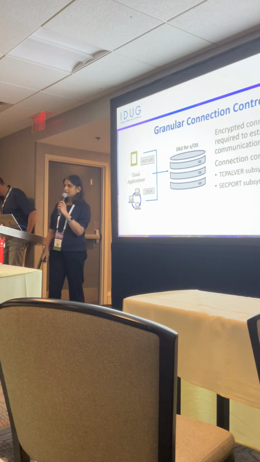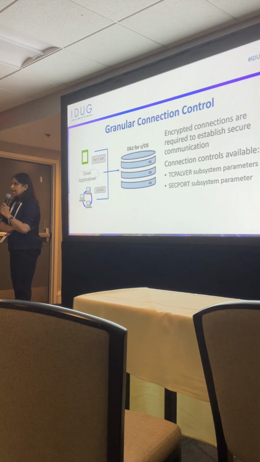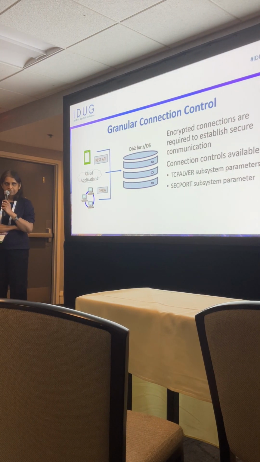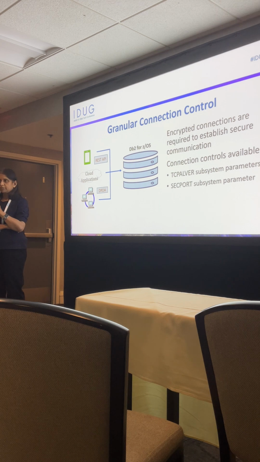Okay, now moving on to granular connection control. Today, applications come into Db2 from many different environments, right? APIs, REST APIs, and cloud environments. So it becomes essential that you establish secure communication to Db2.